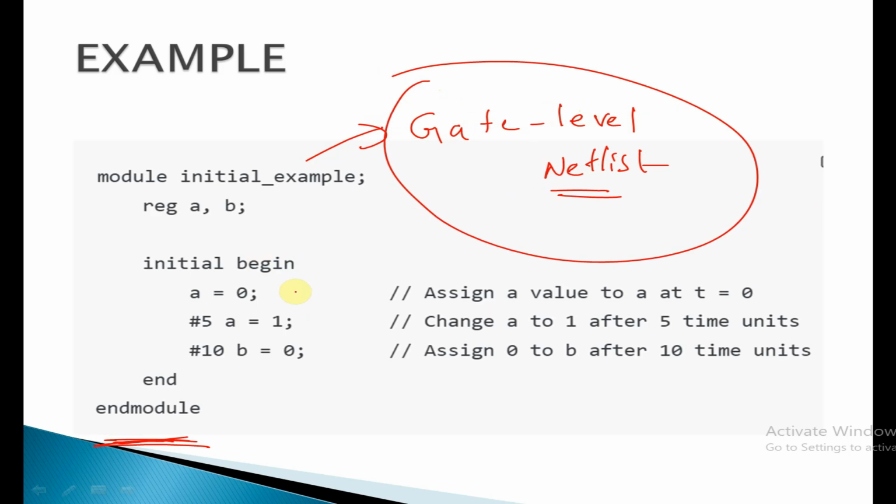The code which you have written will be converted into a logic mapping, and it will be converted into a gate level netlist. This particular netlist will be implemented on your hardware circuit. This process is known as synthesis.